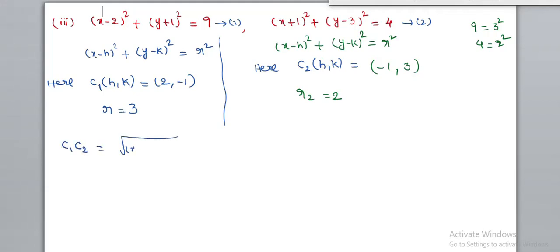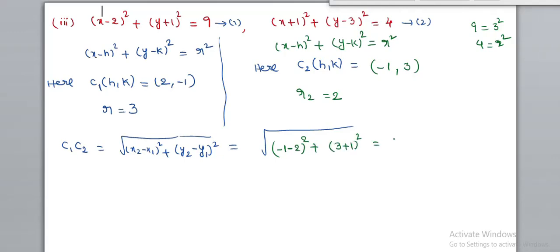Distance is the square root of (h2 minus h1) whole square plus (y2 minus y1) whole square, which is the square root of (minus 1 minus 2) whole square plus (3 plus 1) whole square. That is minus 3 whole square, 9, plus 4 square, 16, root 25, value 5. R1 plus R2 is 3 plus 2, directly 5.